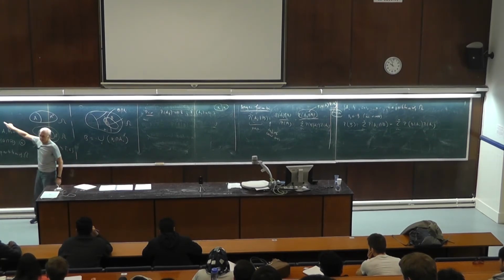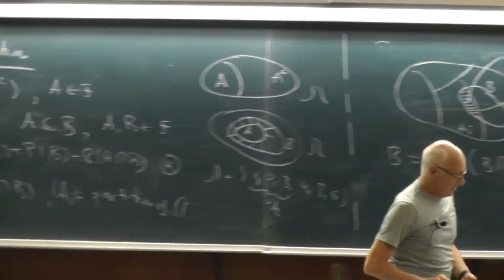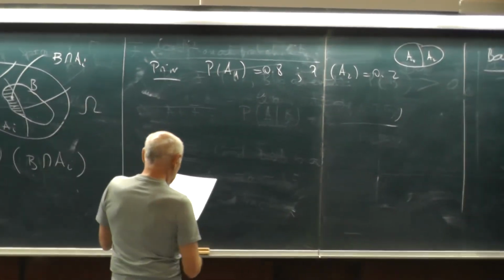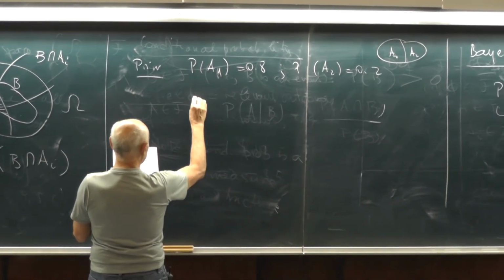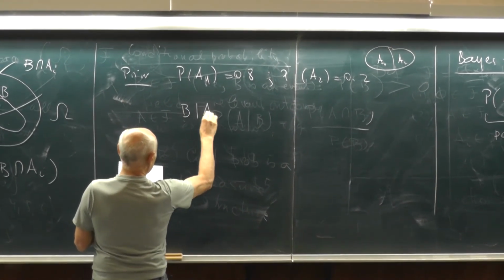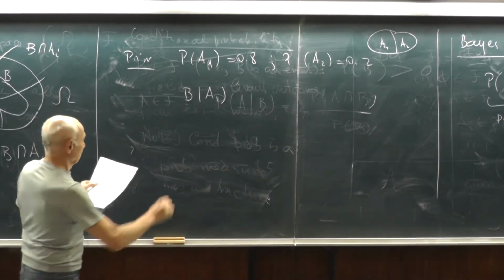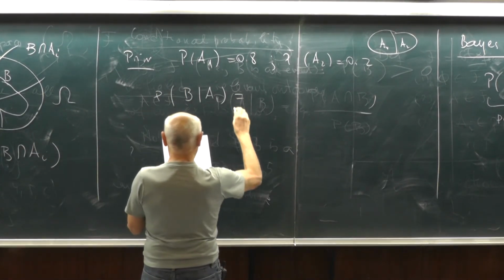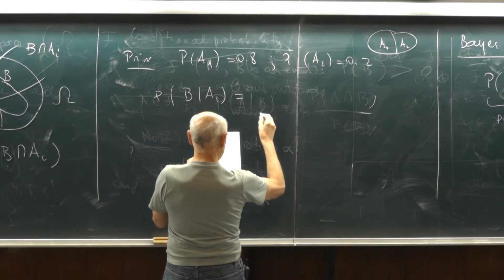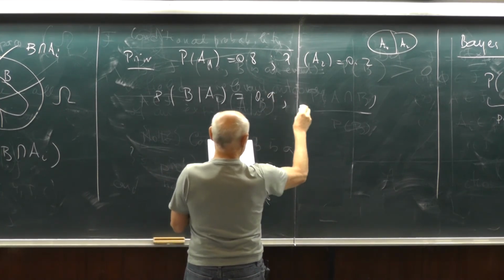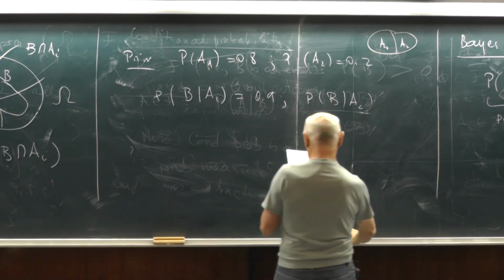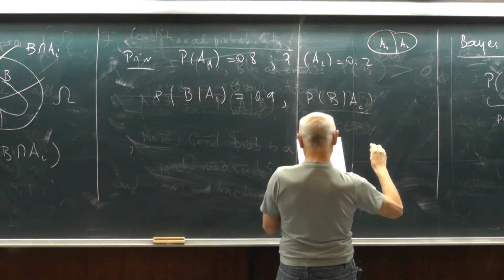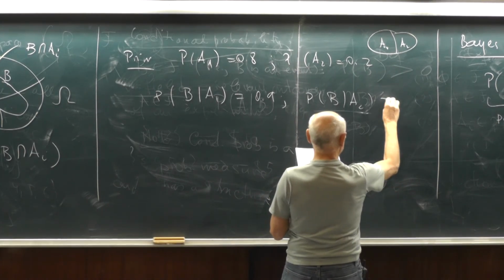I think so, right? Okay. And then the probability of event B given we observe A1. This comes from experiments. I just made up some numbers. This I took to be 0.7.